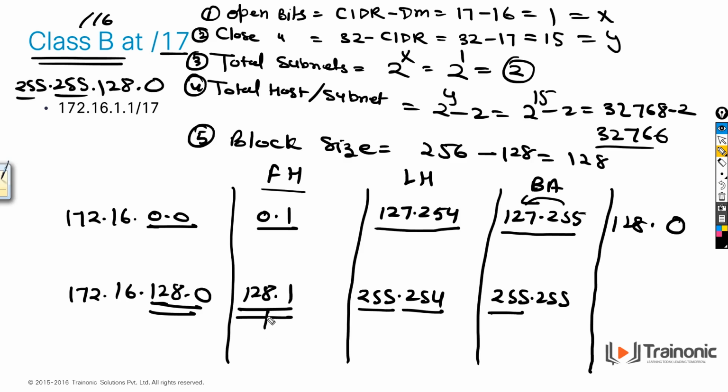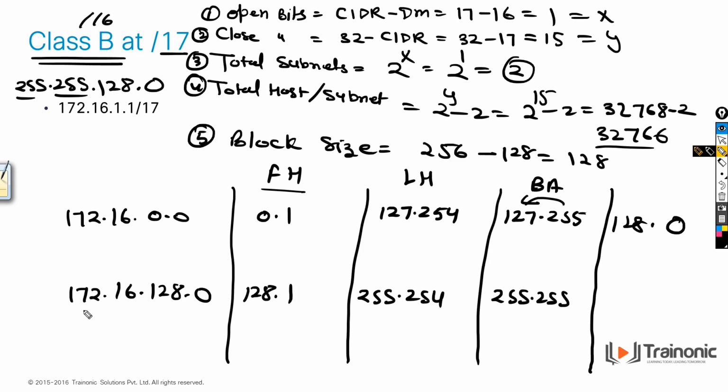Now you will say, why have we defined only these two blocks here? Because the first 16 bits will remain constant, 172.16.